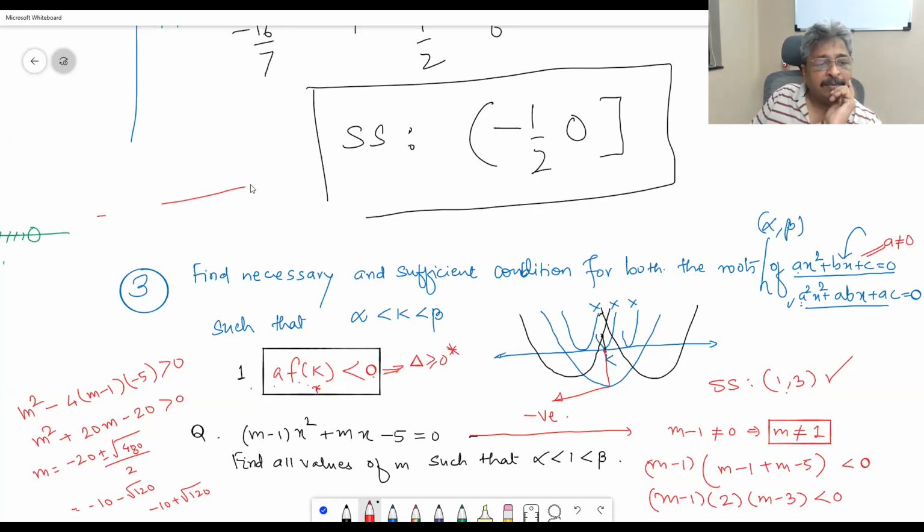Opening up parabola, greater than 0. So these are the 2 points. This is smaller, minus 10 minus root 120, and this is minus 10 plus root 120. Now root 120 minus 10 minus, so this is also a negative number, and therefore your solution set is this.